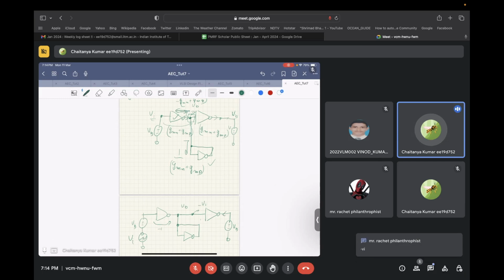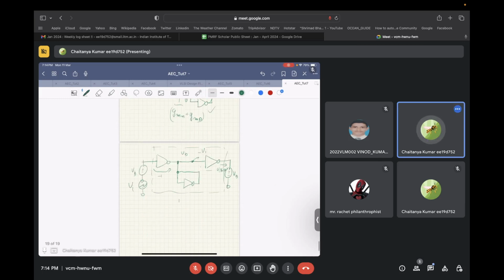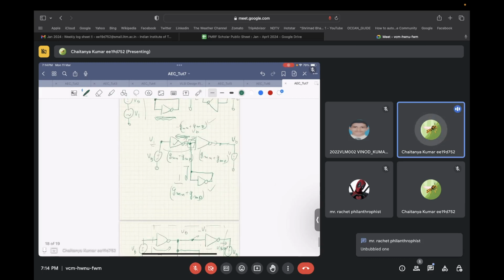And now, will this inverter sink current or source current? This will source current, correct? So this will source a current of Vi times GMN plus GMP. So this complete block over here will behave as a positive unbubbled one, correct? So this can be just plugged in over there.